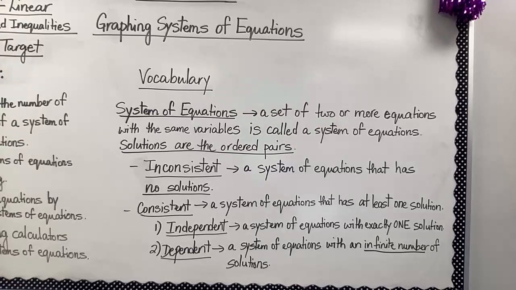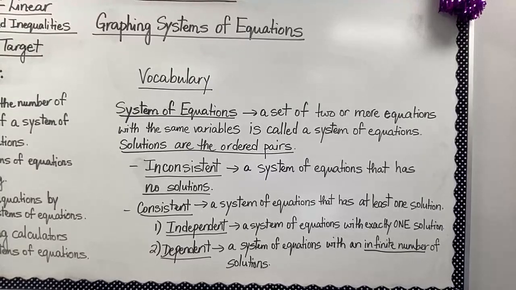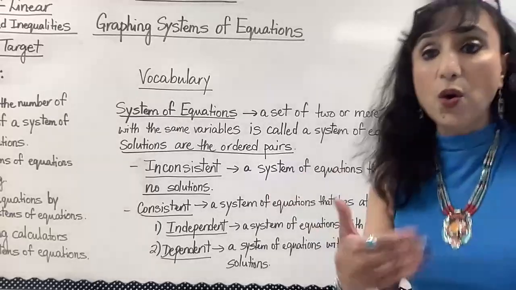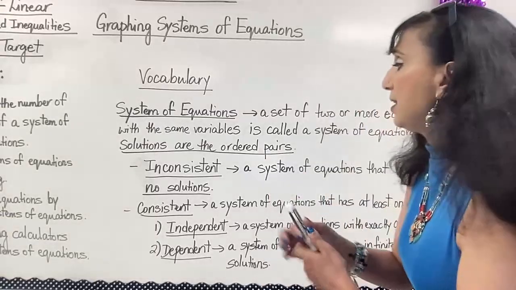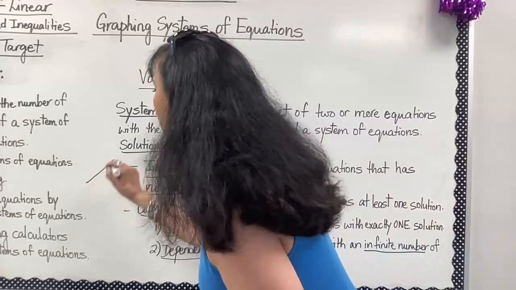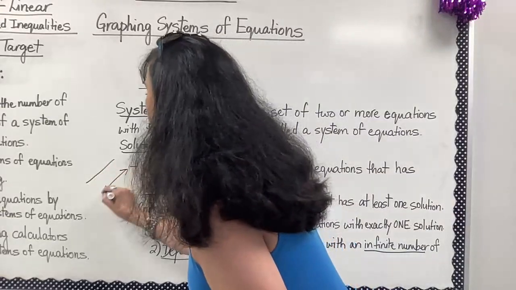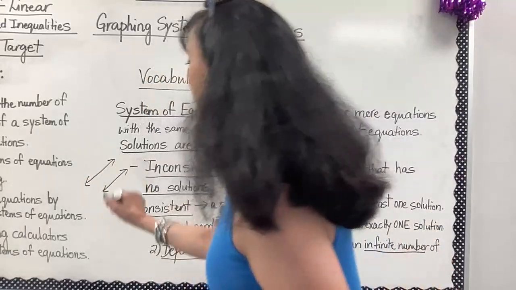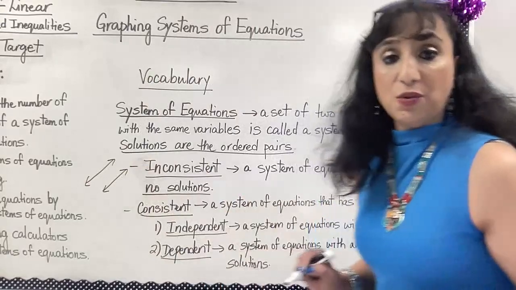There is absolutely no solution because there is no ordered pair that satisfies both equations. This applies to parallel lines, so when this is graphed, this is what it applies to.